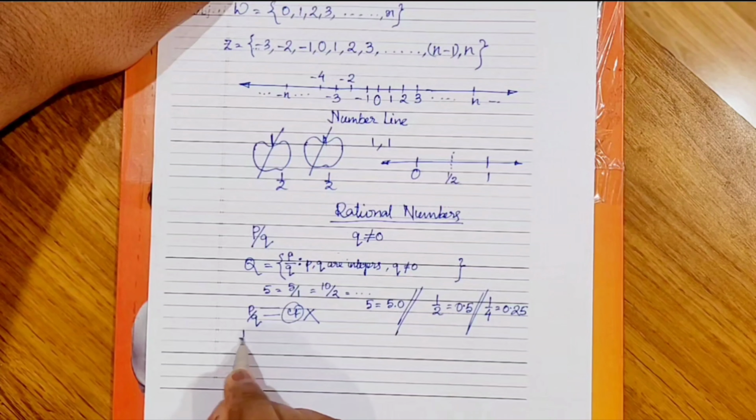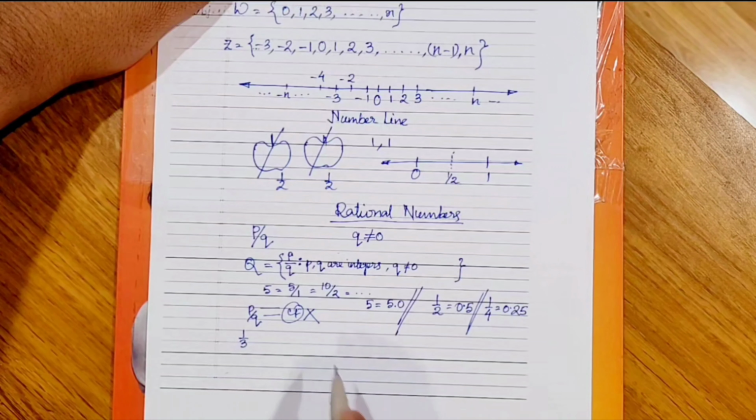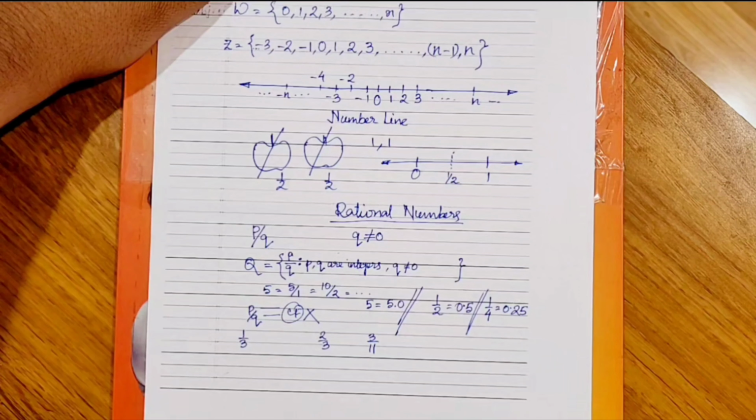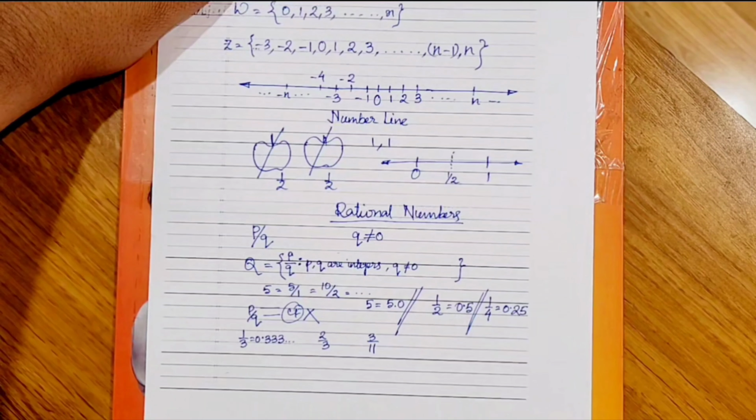What if you pick up a number like 1 by 3 or let's say 2 by 3 or let's say 3 by 11? What happens when you try to figure out the decimal version of these numbers? 1 by 3, if you keep on dividing, you will find that it takes up a form something like this, 0.333 and so on. It does not end.